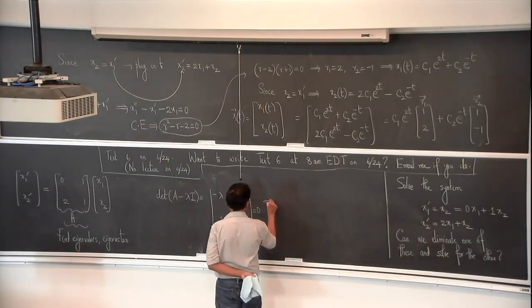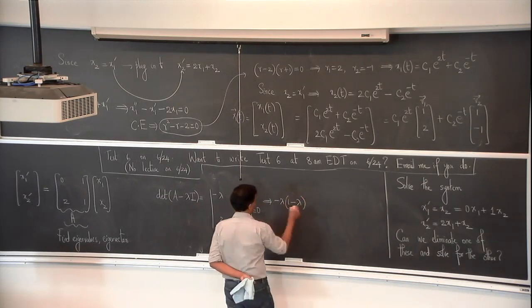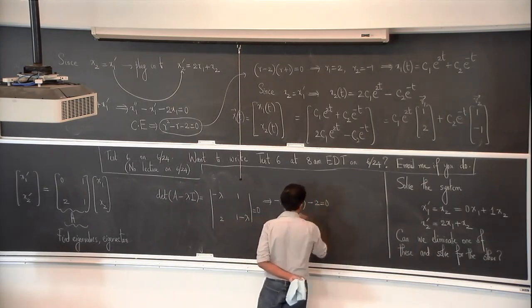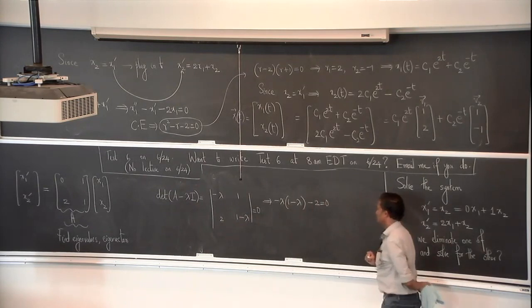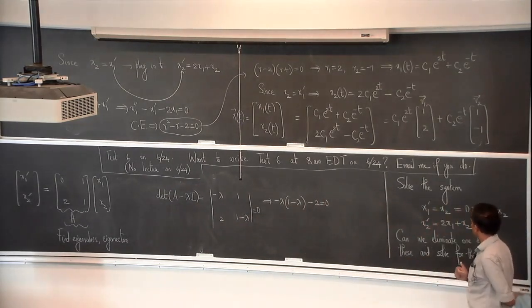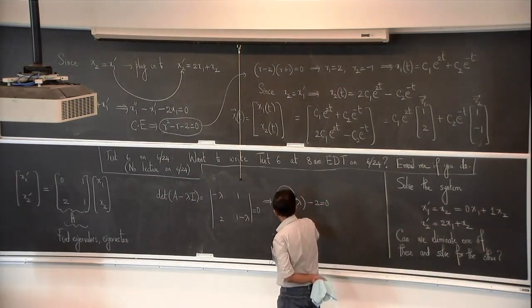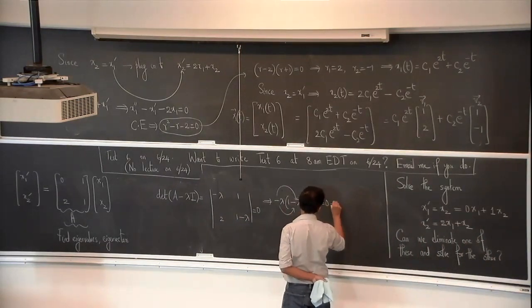So that is negative lambda times (1 minus lambda) minus 2 equal to 0. So that is lambda square minus lambda minus 2 equal to 0.